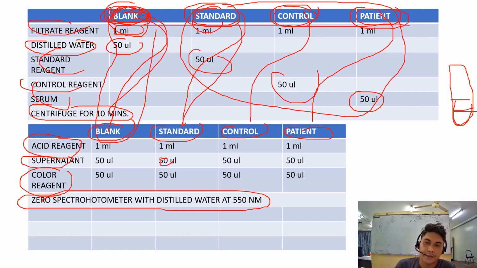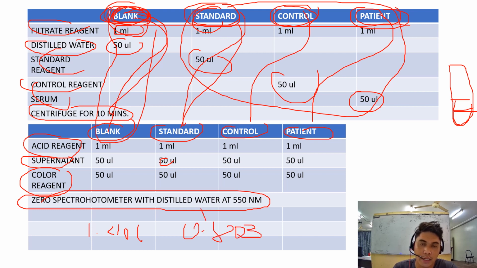After reading the absorbance, for example, the absorbance for blank is 1.406. For standard, it's 0.803.